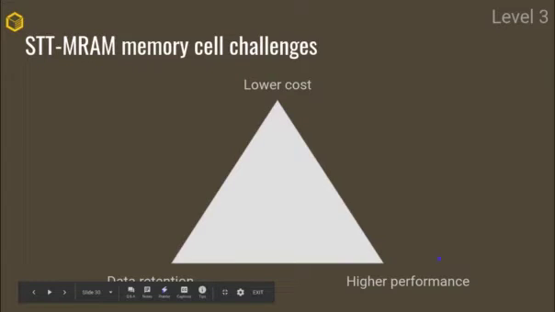Either we want something that will store data for a long time, but then I would need to apply higher current and so higher power draw, or I want something that switches really fast, but then I might not be able to scale my cells as much as I want because the power density per area explodes. But if I make my cells bigger, then I need more die space, and that leads to higher costs. Appreciate the beauty of the problem.